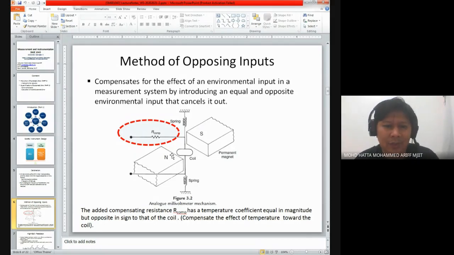So in that case, we can compensate for the effect of temperature on our measuring instrument. You can find another example in a different application.